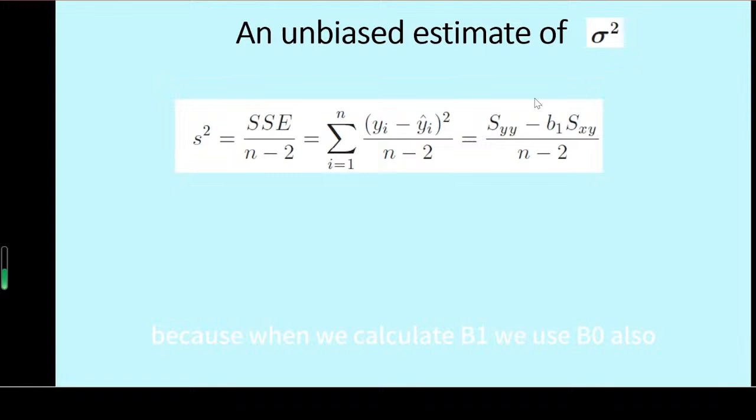So there are 2 parameters lost. That's why we divide by n minus 2 here. But S square is an unbiased estimate of sigma square.